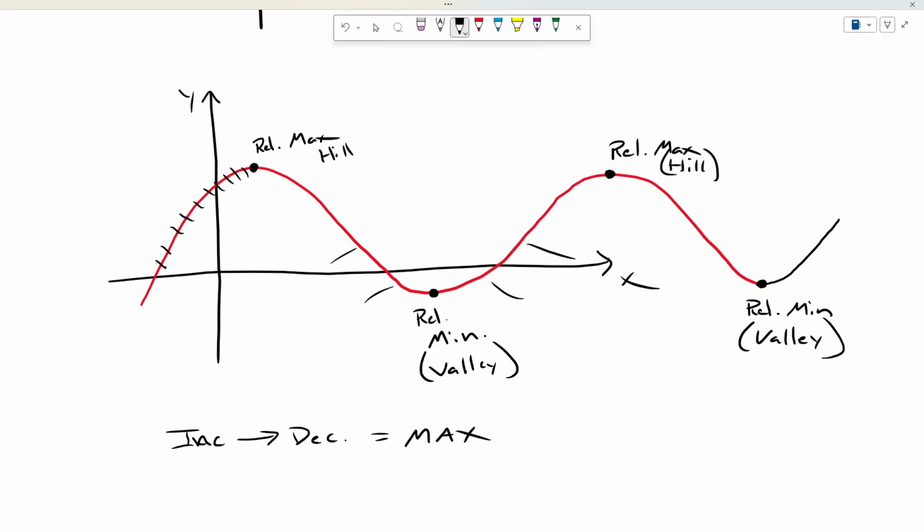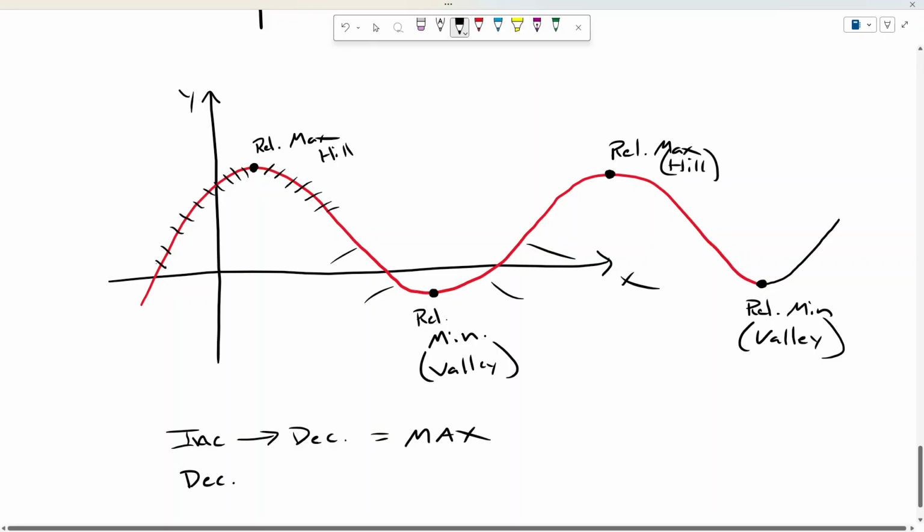We go from increasing, and then we top out at a relative max, and then we go to decreasing. So where the behavior changes from increasing to decreasing, you would find a relative max. And then on the flip side, if you go from decreasing and then you change behavior and go to increasing, there you would find a minimum.